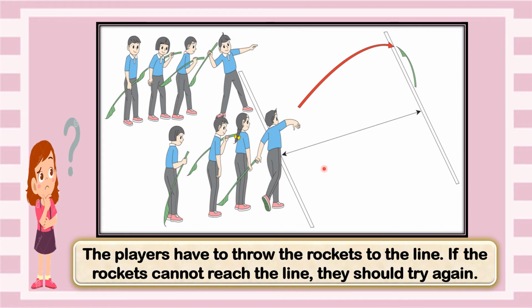After that, the players have to throw the rackets to the line. If the rackets cannot reach the line, they should try again. For example, this boy at the front is throwing the racket. If the racket cannot reach this line, for example, it falls here on this part, the boy will get the racket and try to throw again.